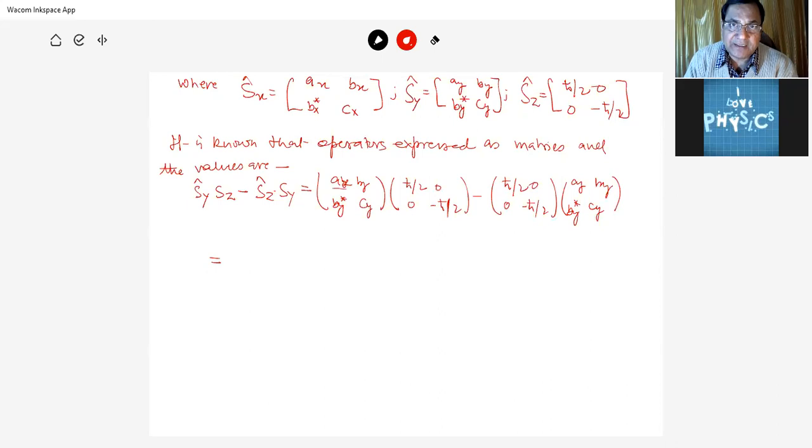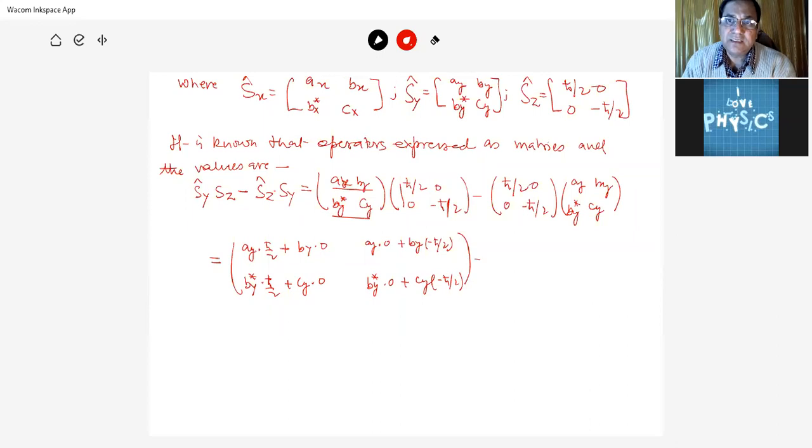So if we write this expression with the multiplication, we have Ay H cross by 2 plus By into 0, and Ay into 0 plus By minus H by 2, and here this multiplied with B star, By star H by 2 plus Cy into 0, and By star into 0 plus Cy minus H by 2.